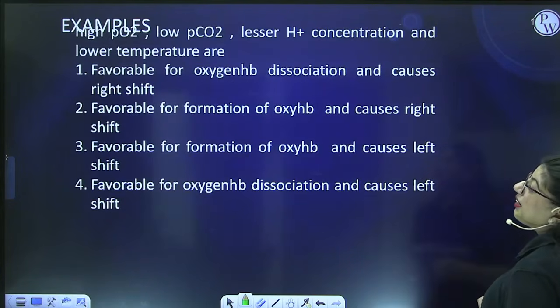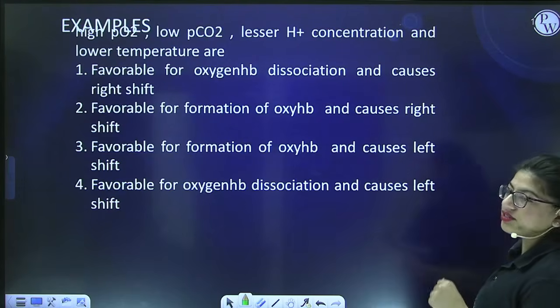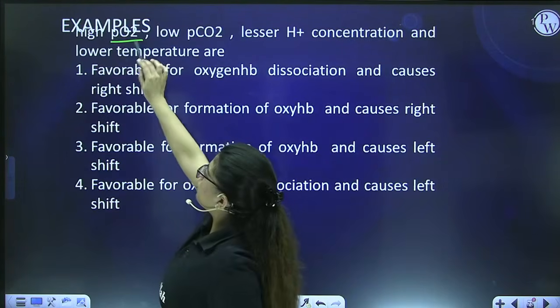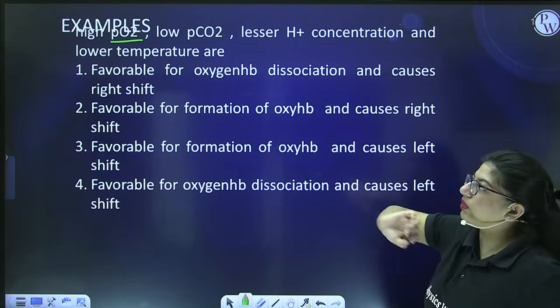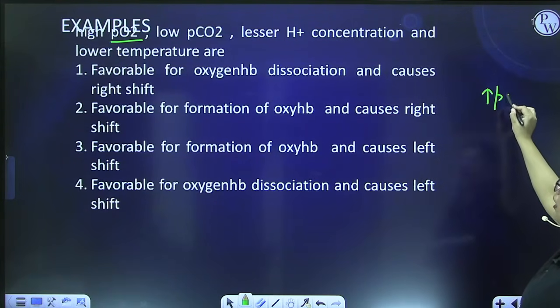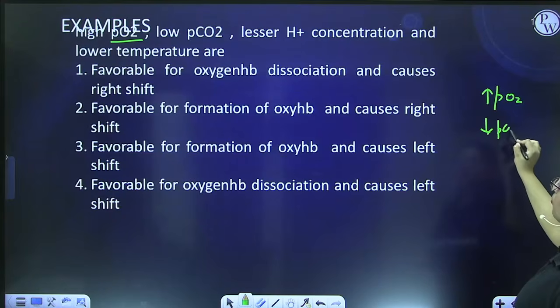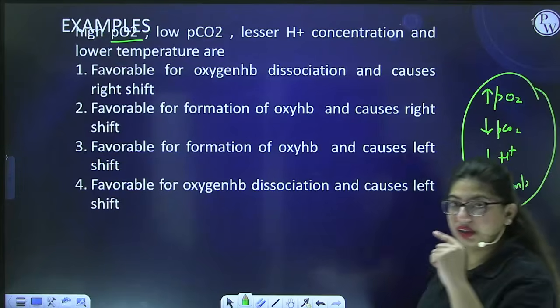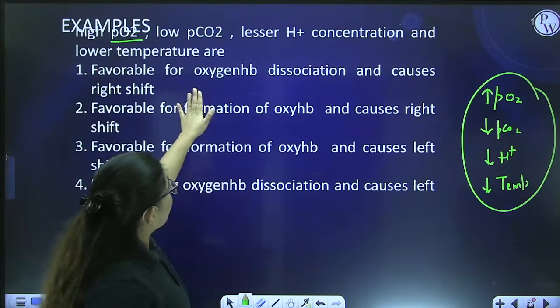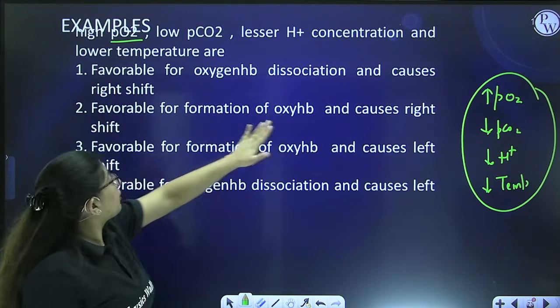Next. High PO2, maybe that is not visible, but this is high partial pressure of oxygen. Low PCO2, lesser H positive concentration, lower temperature. All these cause left shift. Now read the options. Favorable for oxyhemoglobin dissociation and causes right shift?